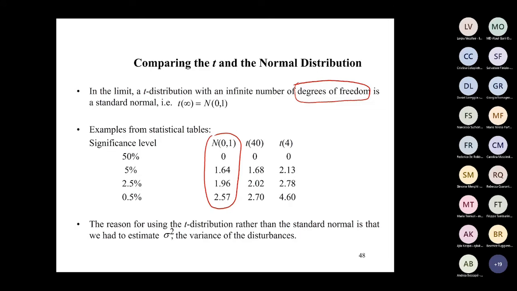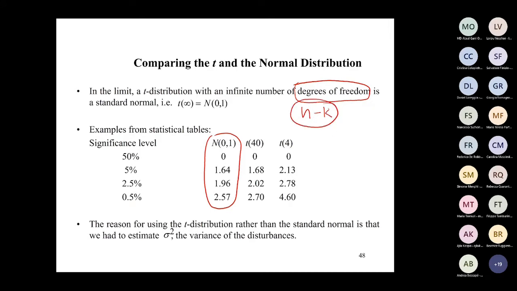How can we define the degrees of freedom? When we say degrees of freedom, we mean the difference between total observations and the total number of restrictions. The number of observations, let's call it n, minus the number of coefficients we estimate.